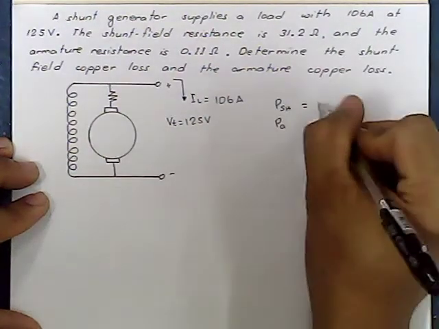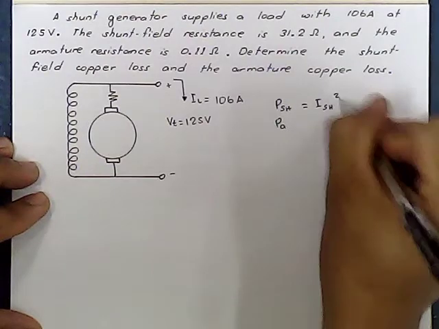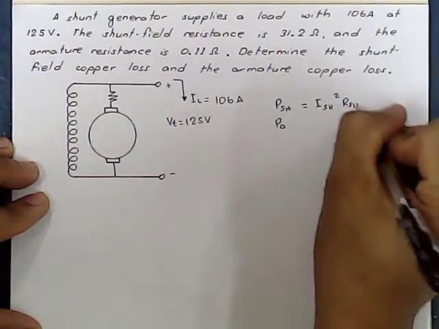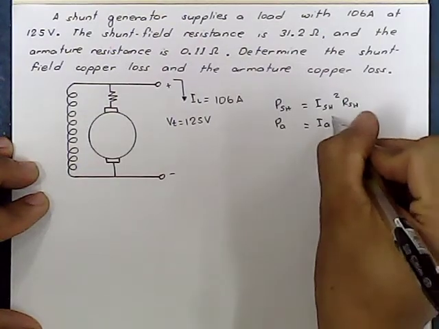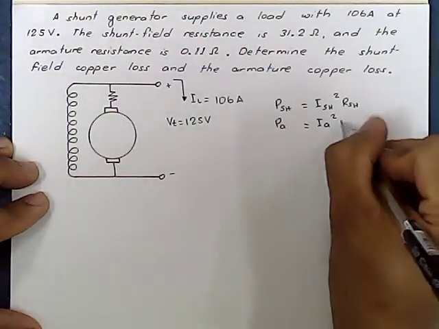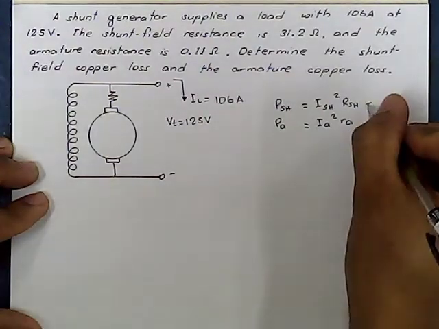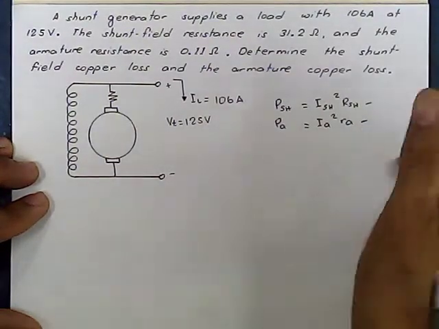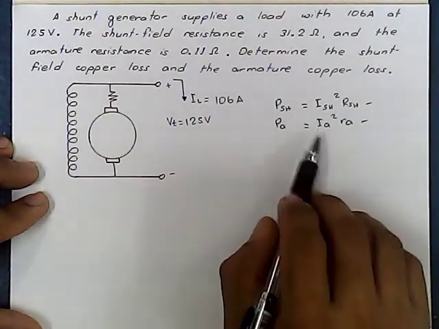Ang formula nito ay ISH squared times RSH. Dito naman, we have the IA squared times the armature resistance. So given na yung shunt field resistance and armature resistance, ang kukunin na lang po natin ay mga shunt field current and armature current.